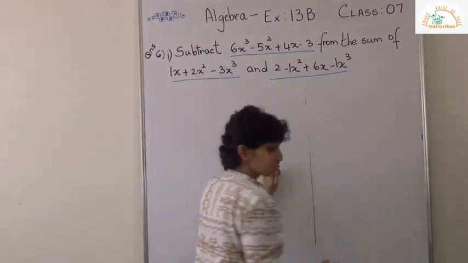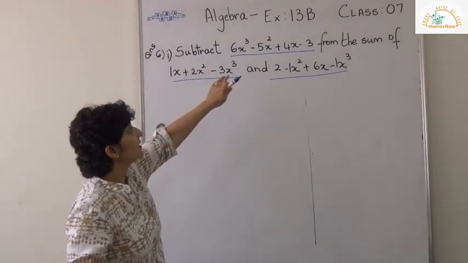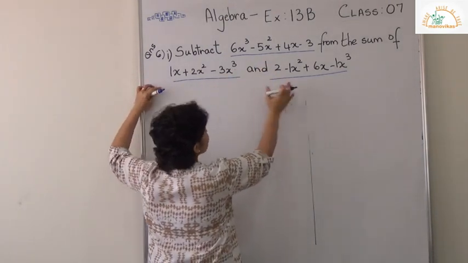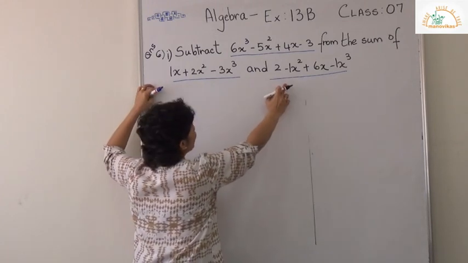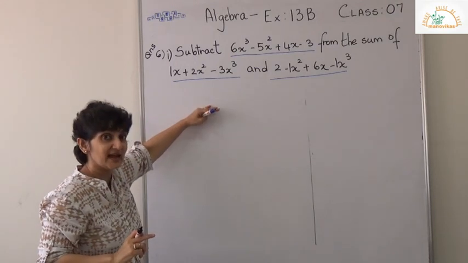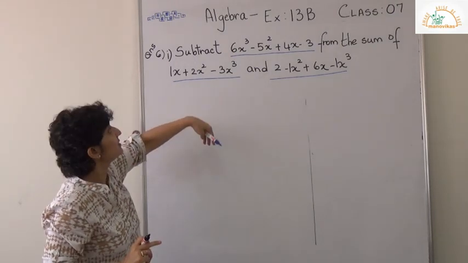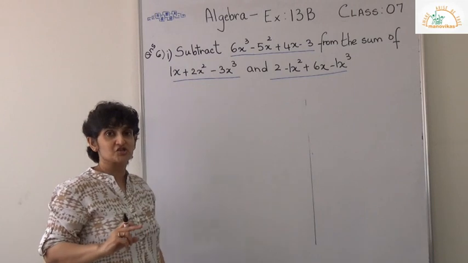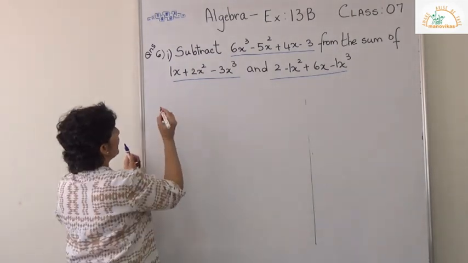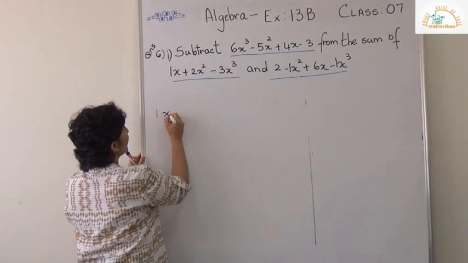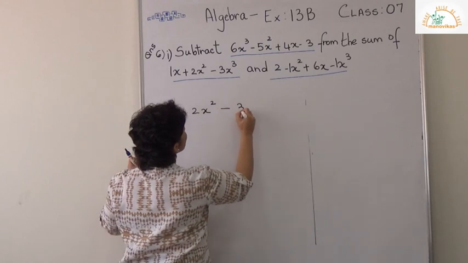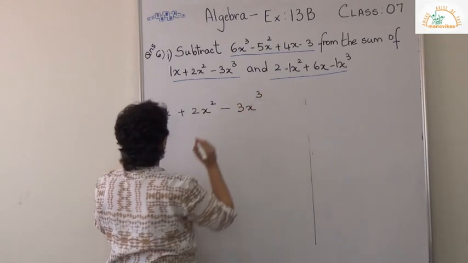Alright. So now let's go back to your question. So same thing here children. When they say subtract this expression from the sum of this and this, first I will add these two. Correct? Then the answer that I get, this answer minus this expression will give me my final answer. So I have 1x plus 2x squared minus 3x cubed.